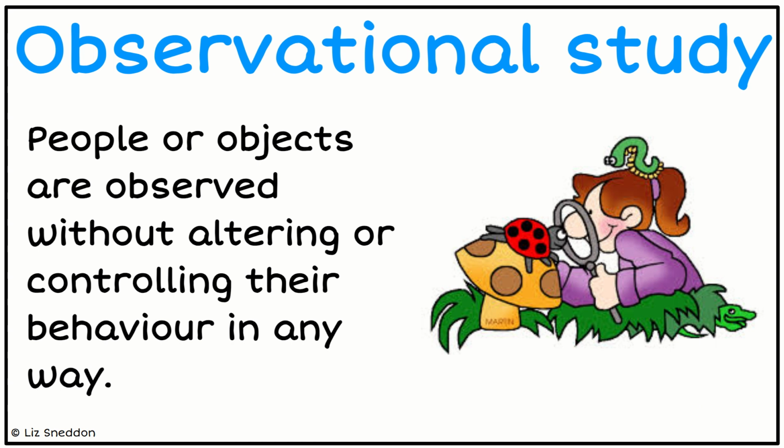An observational study is when we can either observe people or we could observe objects. So we could observe light bulbs and see what they are doing. We can observe chemicals combining together. So we can talk about observations where we observe something and we don't alter or control their behaviour in any way.